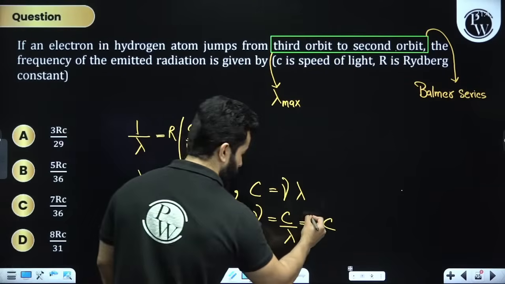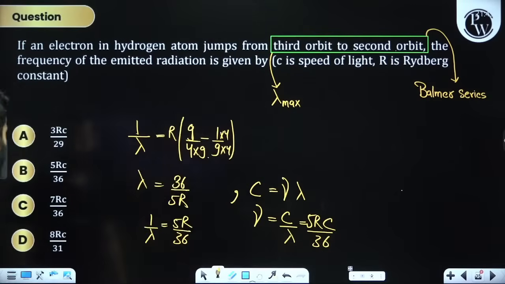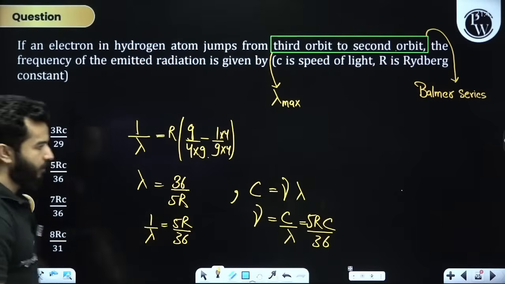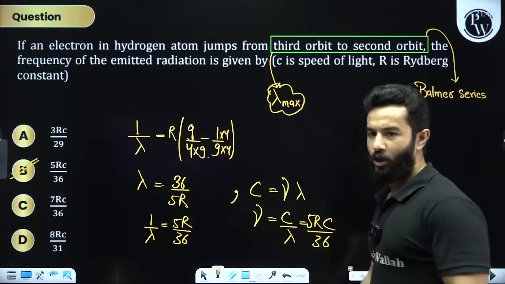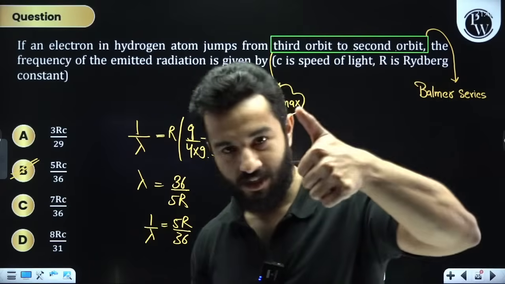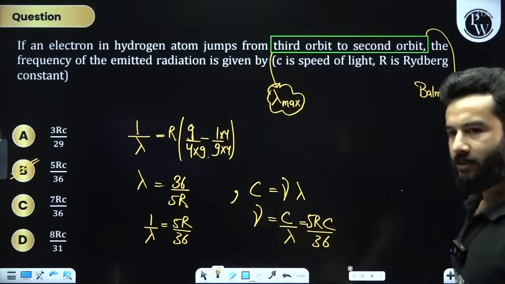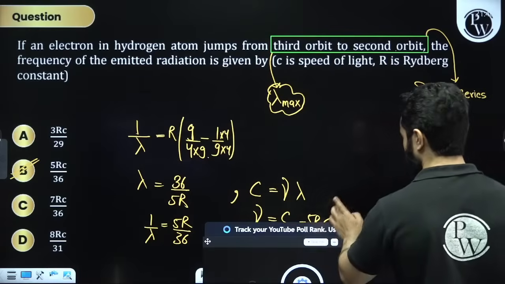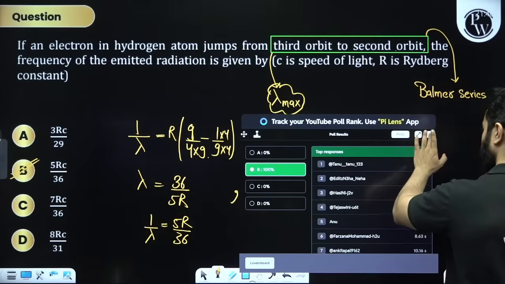So the frequency is 5Rc divided by 36, option B. And please remember this is going to be the longest wavelength, nearest, while the shortest wavelength is from infinity. Got it? Clear? So the correct option is option B.